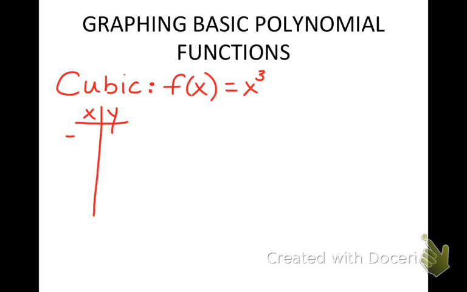If I do -2, -2 to the third power is what? -2 times -2 is 4, times -2 is -8. -1, -1 times -1 is 1, times -1 is -1. 0 is 0. +1 would be +1. +2 would be +8.